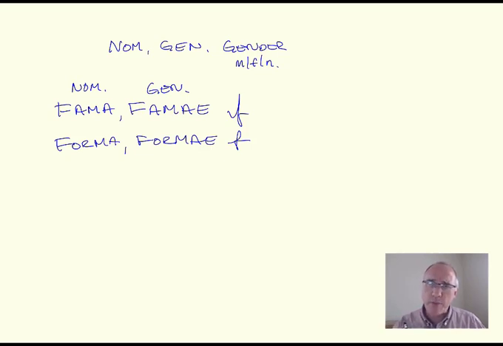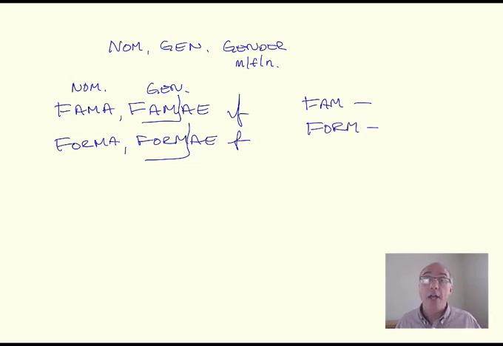Just like in verbs, where we went to the second principal part to get our stem, the same way in nouns we go to the second principal part to get our stem here. Fama, forma. So F-A-M is your stem, and you're going to put all the endings on it. F-O-R-M is the stem, and you're going to put all the endings on it.